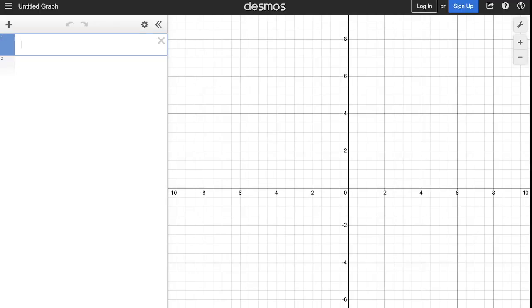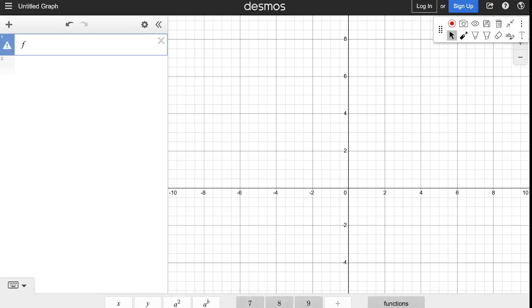And let's go ahead. We're in a new one. Let's see. A good one for seeing a reflection around the x-axis actually is our little friend f of x equals x squared.